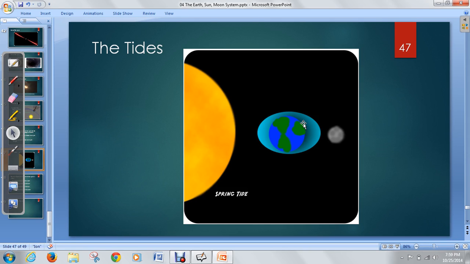That's a basic understanding of the tides. We don't get a lot into it, but you should understand that the tides are caused by the moon and by the sun. Their gravitational pulls on the Earth's water and on the Earth cause the tides to go high or low, based on where those three objects are.